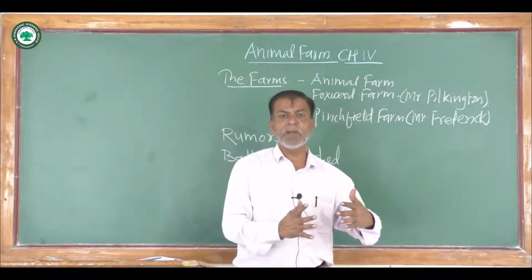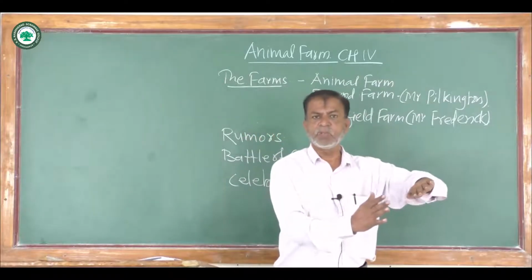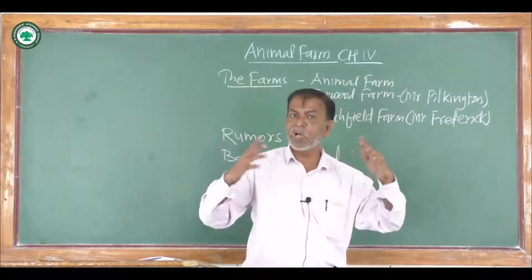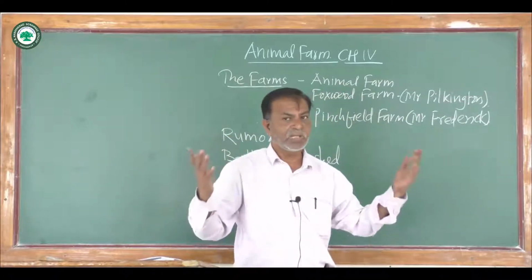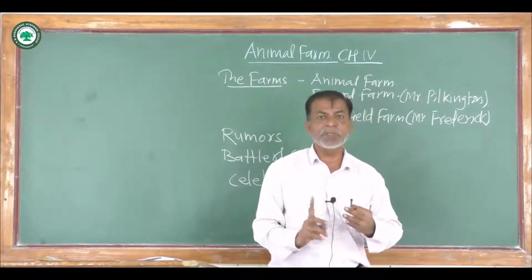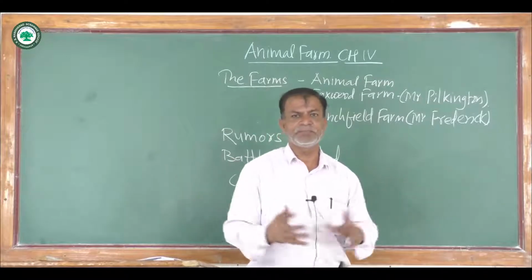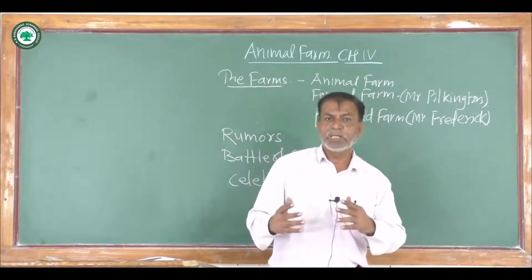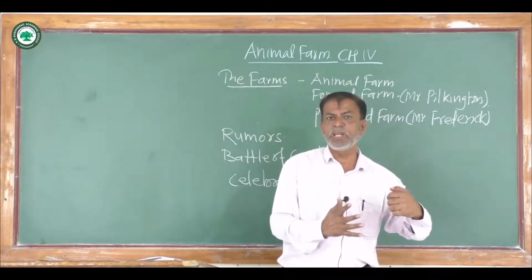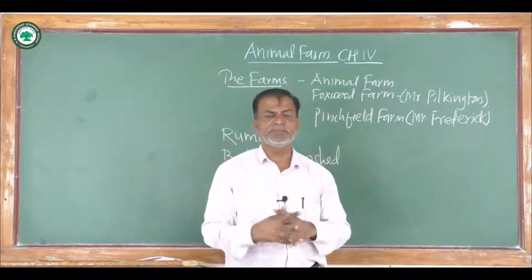Now here what happens? Mr. Jones is out of the farm. Actually, he is a drunkard, and he lost everything. He lost his farm, he lost his cattle, he lost his property, he lost his house, he lost everything. So he usually goes to wine shops and takes an extra dose of wine.